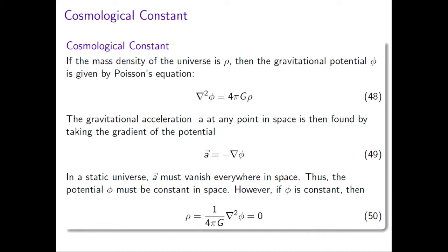So this is the background of the cosmological constant, and now we can look at how you can come about it mathematically and how Einstein did it.